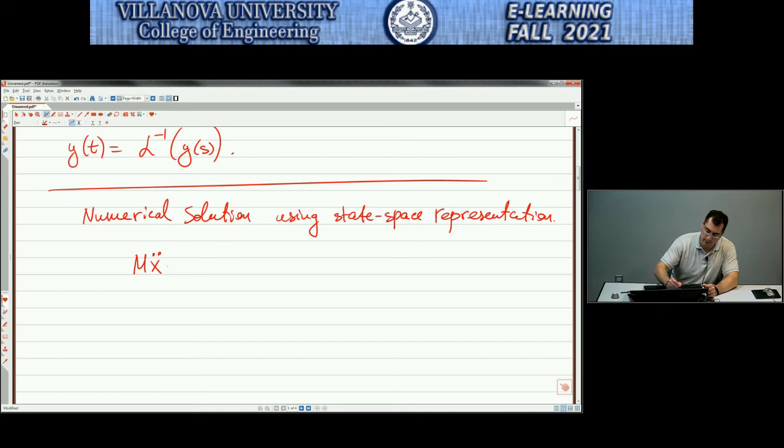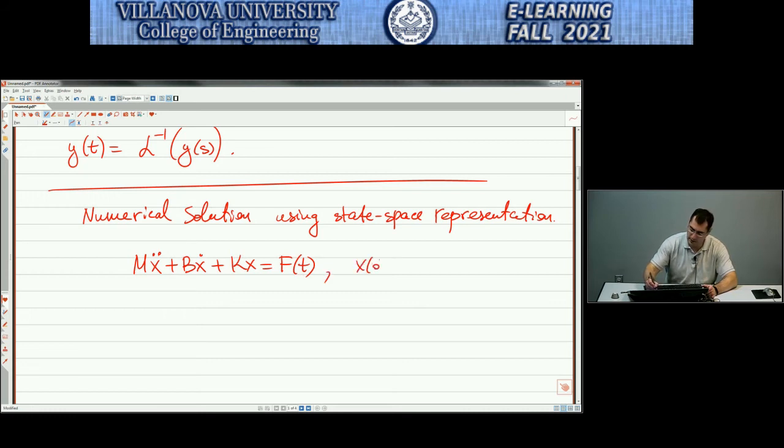But in some vibration problems, if you're a mechanical engineer, you will deal with these Euler-Lagrange equations. But again, any differential equation can be solved using state space representation, and I will show you how to do that. Let's say you have this n degree of freedom system, which is described by this differential equation.